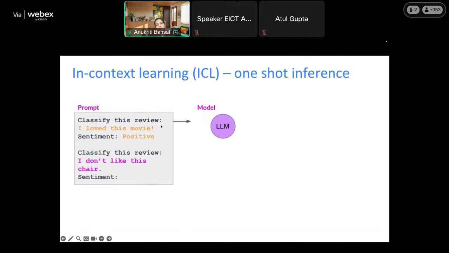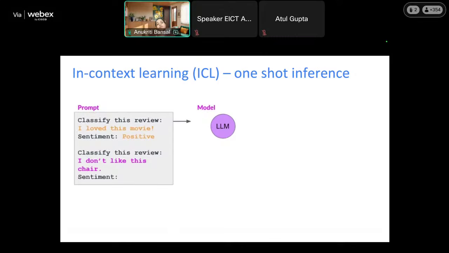So I say, classify this review, I love this movie, and the sentiment is positive. Then, classify this review, I don't like this chair, and then what should be the sentiment? Now the model should use this information and understand that the user does not want happy, sad, angry kinds of sentiments.